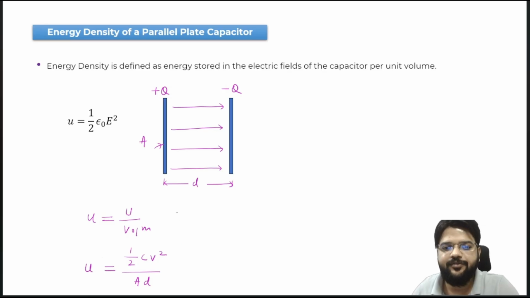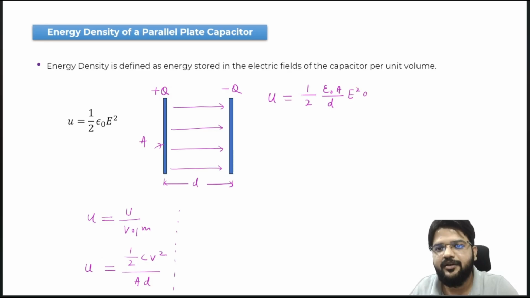Now, what is the value of C? We need to simplify this. Let's see what we will get. So U equals half, C is what? It is epsilon naught A by D, correct? And V is what? It is ED. So it is E square D square divided by AD.